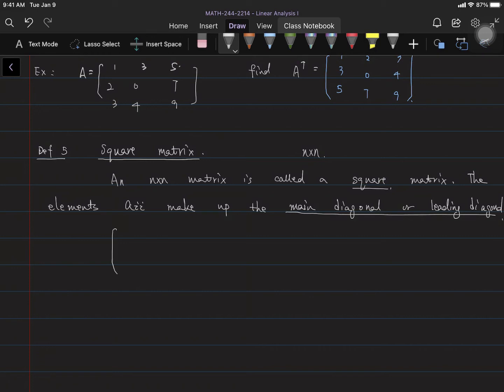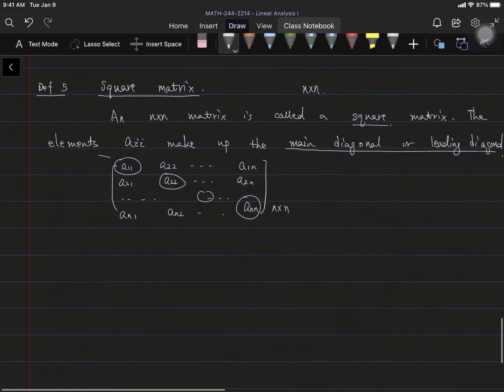So look at the matrix. It becomes a_11, a_12, a_1n, and it's an n by n matrix. And a_21, a_22, a_2n. The last row becomes a_n1, a_n2. So if we look at a_ii, those are the numbers in the diagonal position, and they are called the main diagonal.